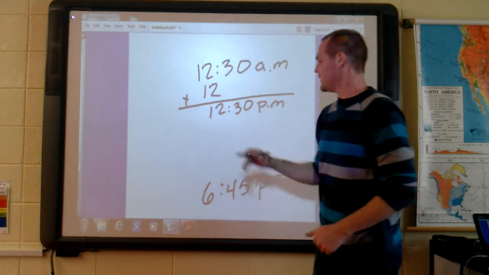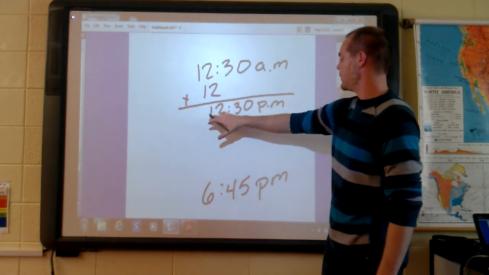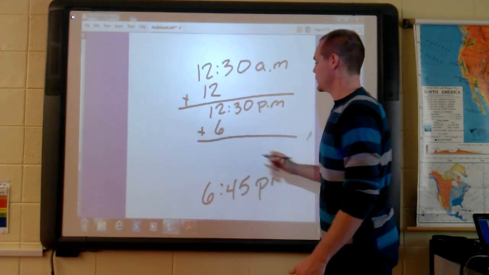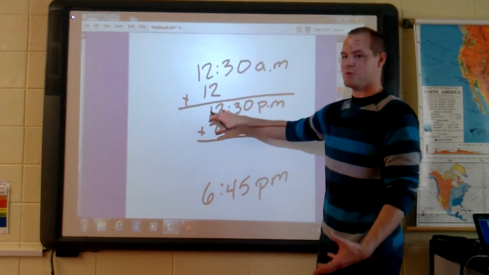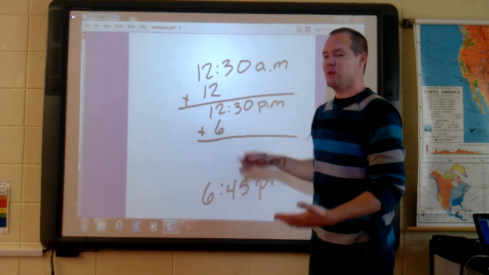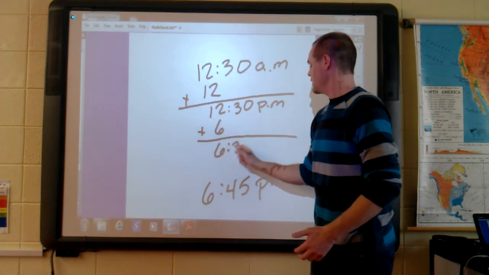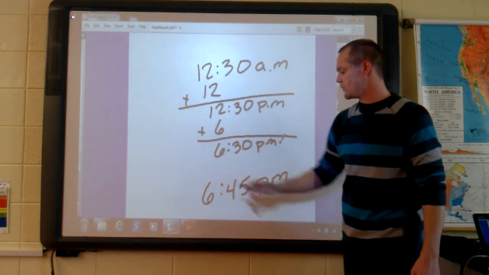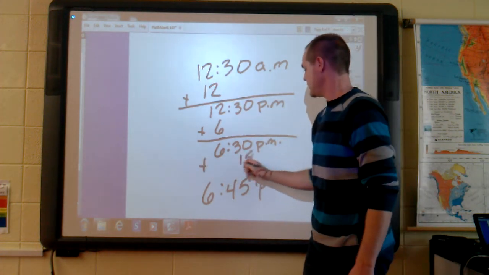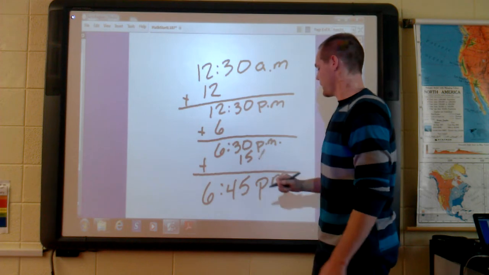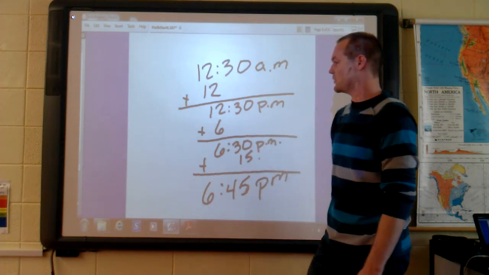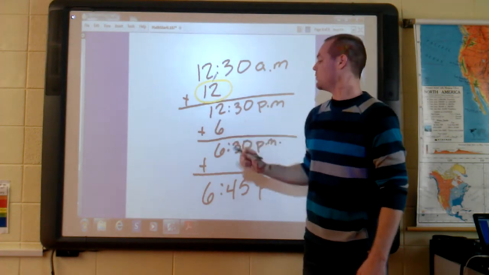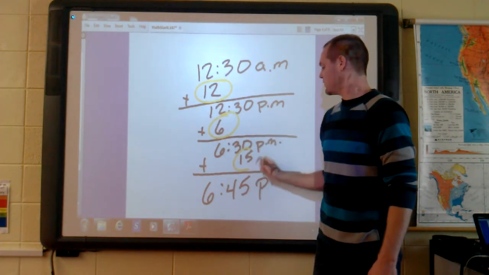Now, if I add 6 hours, I'll get from 12:30 p.m. to 6:30 p.m. Understanding that I'm at 12, now I go back to 1, 2, 3, 4, 5, 6:30 p.m. Now to get from 6:30 to 6:45, I add 15 minutes. Now, the information that we used to get there, we added 12 hours, 6 hours, and 15 minutes.